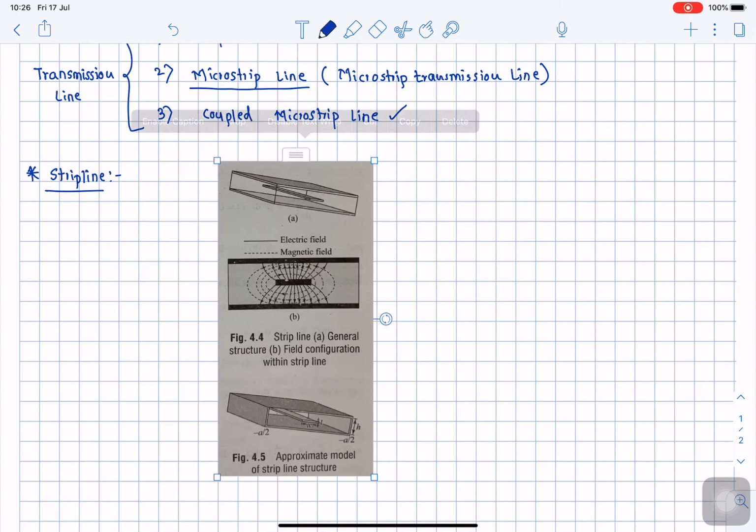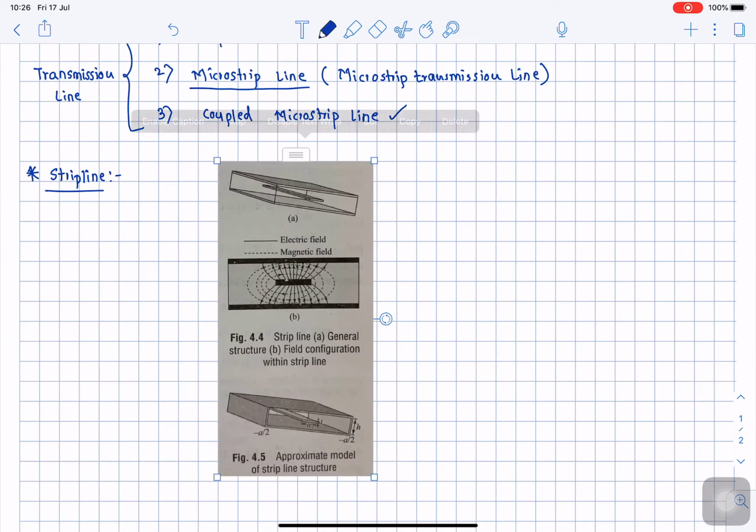Okay, so how can we show the arrow direction? The arrow directions are like this. It will always start from the strip line, please remember, and it will end on the ground plane. So similarly over here, it will start from the strip line and it will end on the top ground plane. Okay, so these are the electric field.